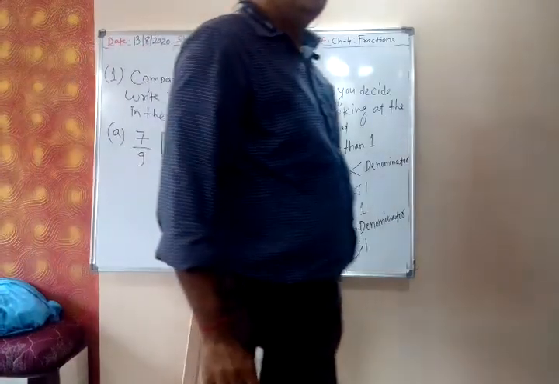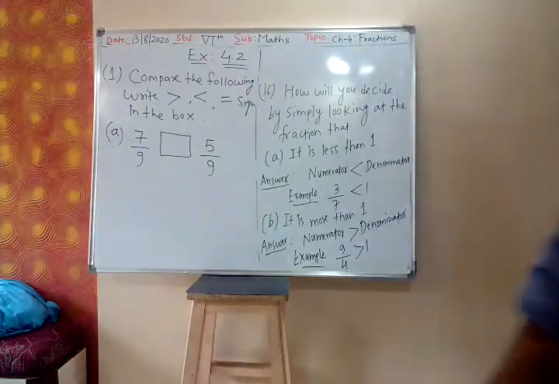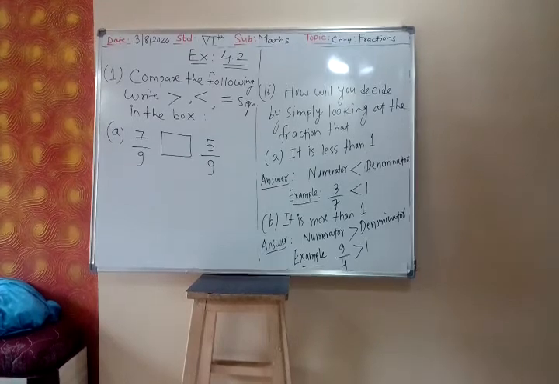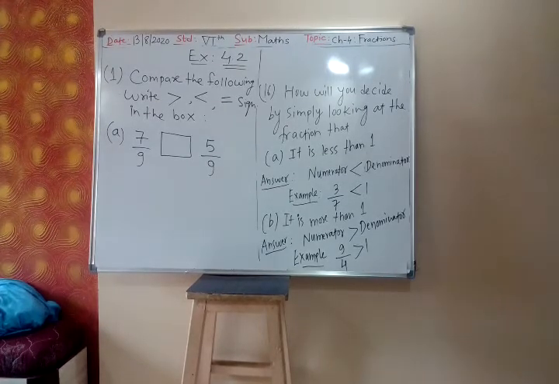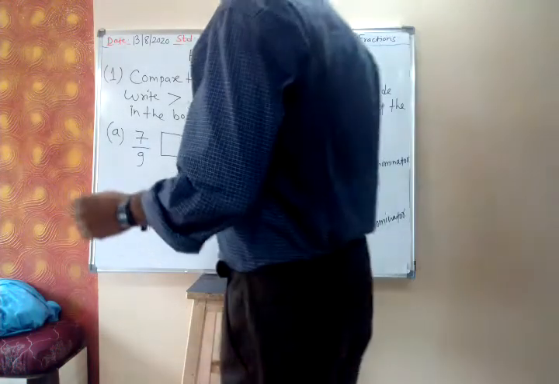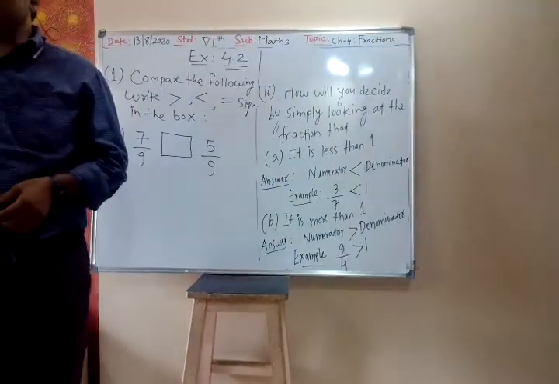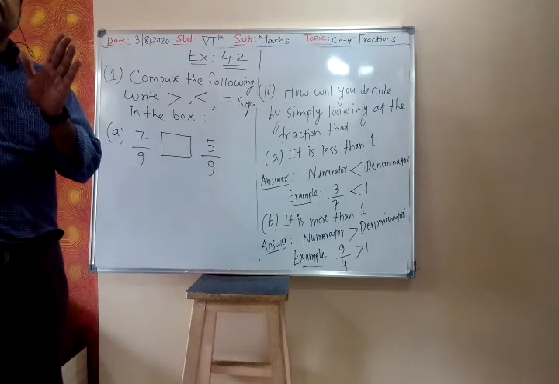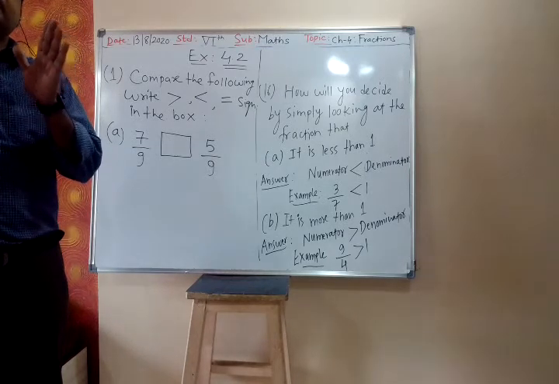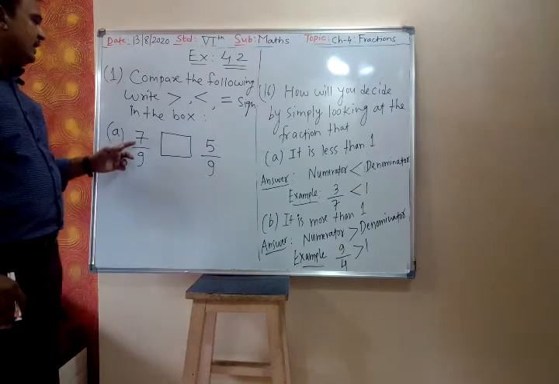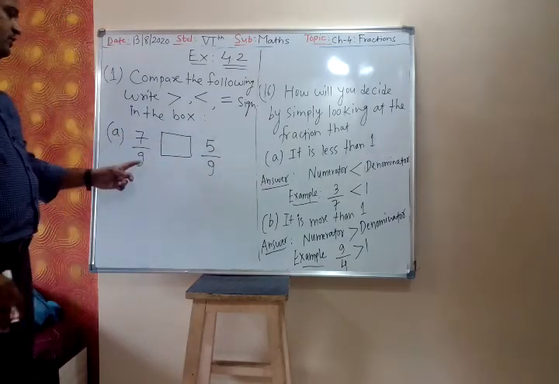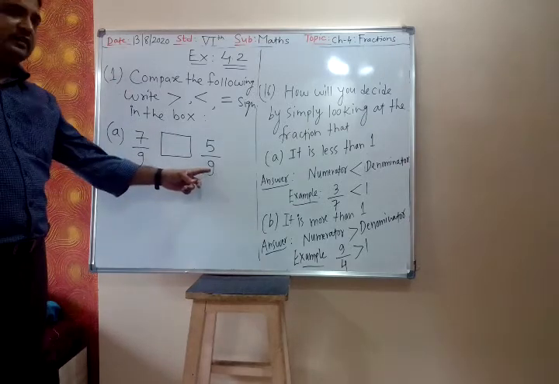Now two fractions are given, 7 by 9 and 5 by 9. To compare two fractions, first I will check whether they are like fractions. We can do the comparison of like fractions. Are 7 by 9 and 5 by 9 like fractions? Yes, because denominator is 9, denominator is 9.